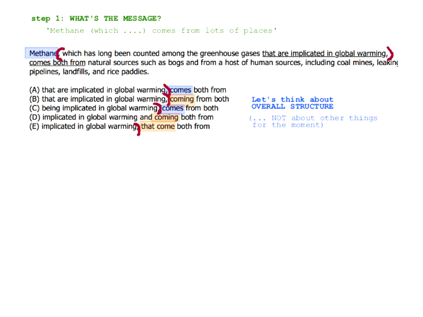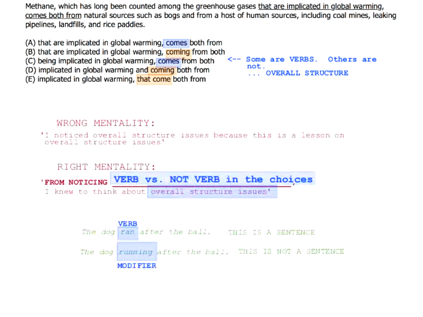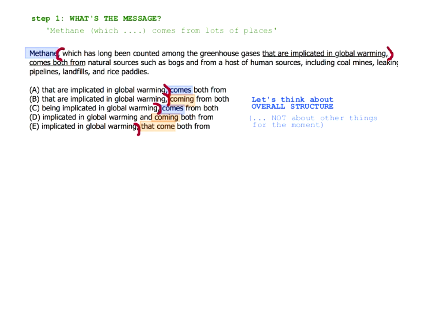Like B is methane coming from a bunch of places, period. In other words, B, D, and E are structured like this one. Those are the dog running after the ball, period. So, not a sentence. Whoopsie.